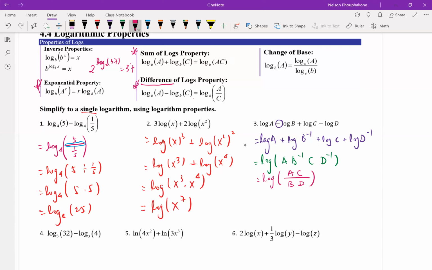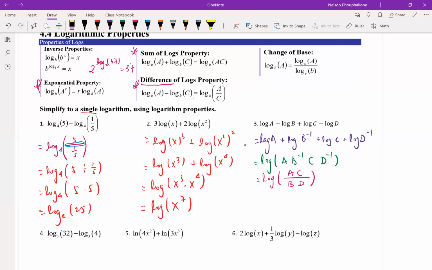The reason is if we have a negative 1 power, basically we take the reciprocal, right? And bring it to the denominator, just like this. Okay, so then let us analyze the result right here.